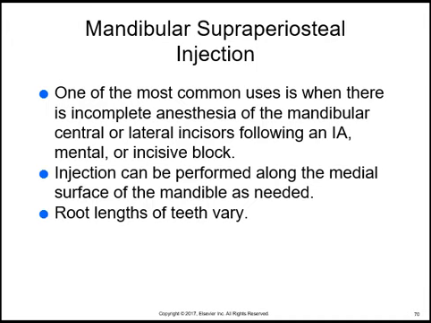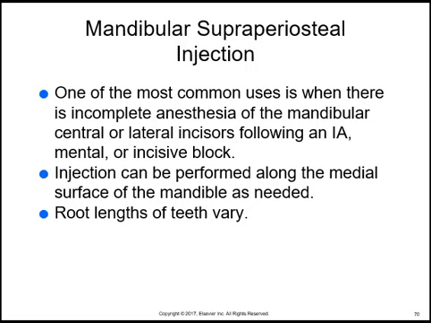One of the common uses of the supraperiosteal injection is when there's incomplete anesthesia of the mandibular central or lateral incisors following an IA, mental, or incisive block. This injection can be performed along the medial surface of the mandible as needed. And keep in mind that everybody's root length of teeth may vary, so that's something to keep in mind.